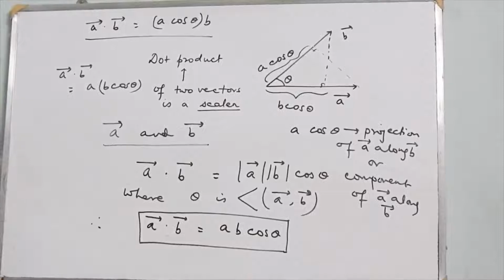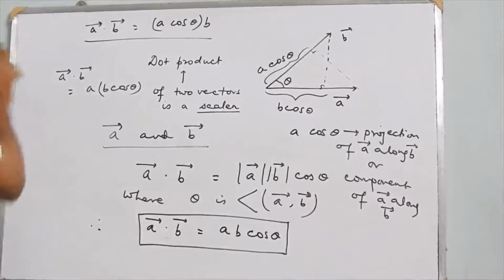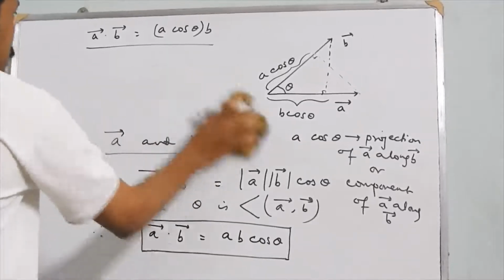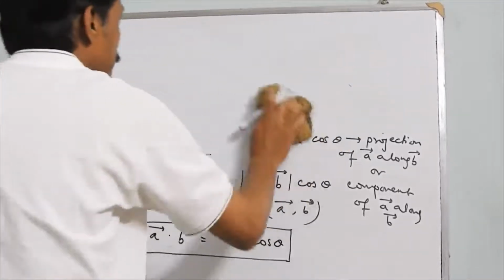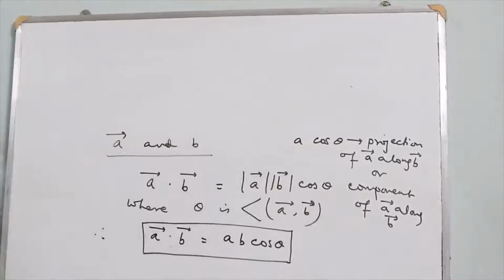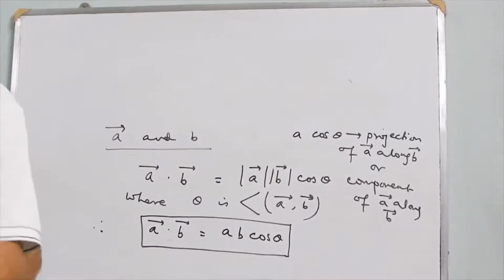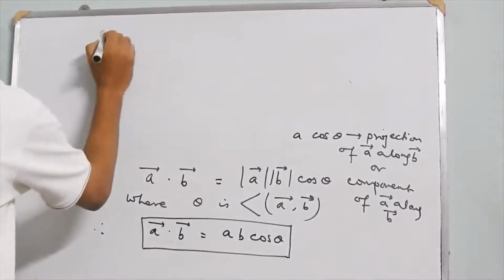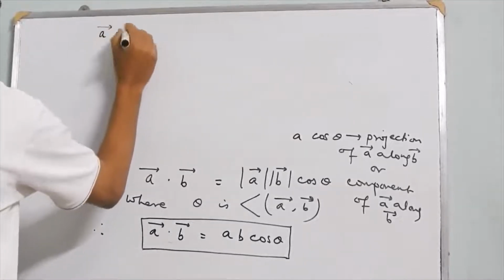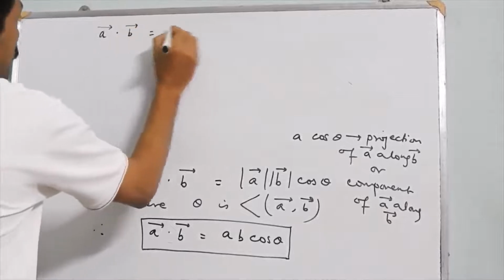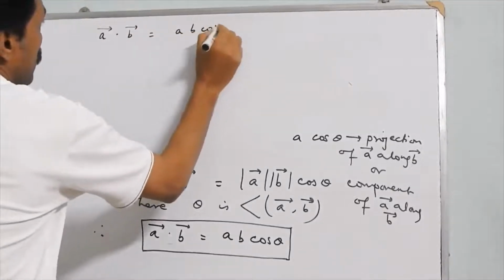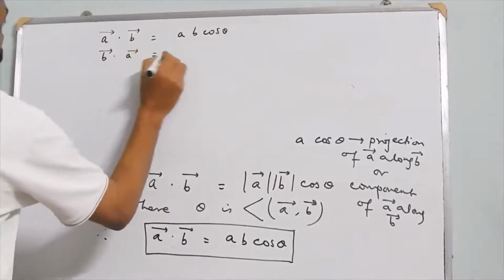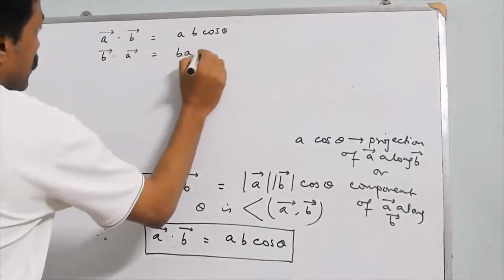So on a similar basis, now we can define some important properties regarding dot product. So as you see that the dot product of two vectors is a scalar. So then a vector dot b vector, which is ab cos theta, and b vector dot a vector is ba cos theta.